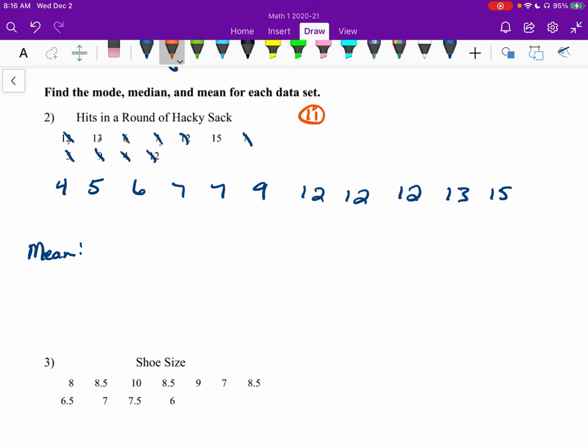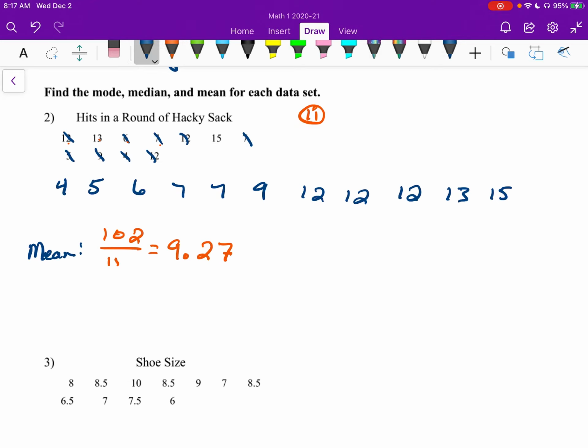I got 102. Then I divide by 11 because that's how many there are. And I got 9.27, rounding to 2 decimal places to be consistent with your multiple choice.